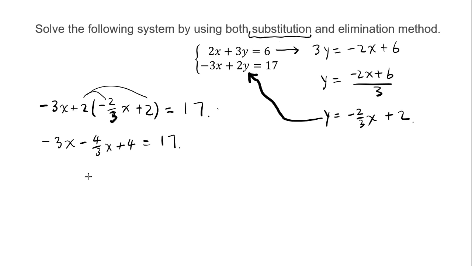And so at this point, you see that these two are like terms, and you might think, oh, I can combine these two, which means I have to combine negative 3 minus 4/3 by making common denominators, which is like 9 over 3 minus 4 over 3.